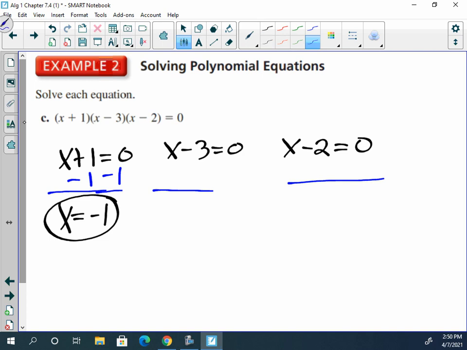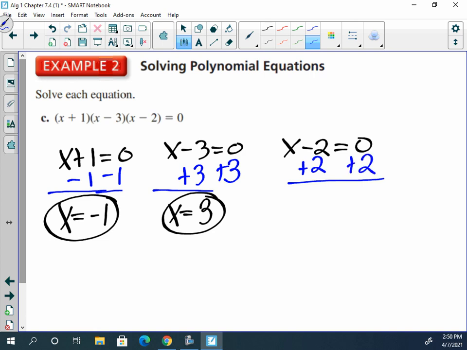For x minus 3, we would add 3 to both sides, which would tell us x is equal to 3. And last but not least, we'd add 2 to both sides, which tells us x is equal to 2. So these three answers are our solutions. We can have more than one.